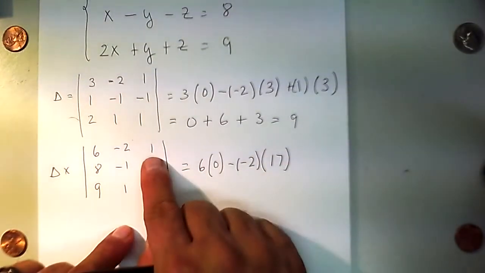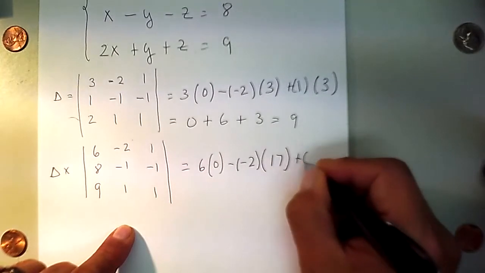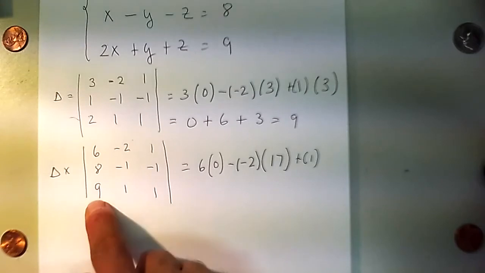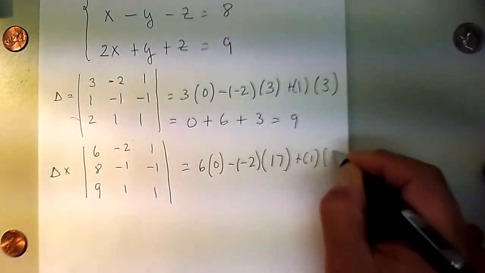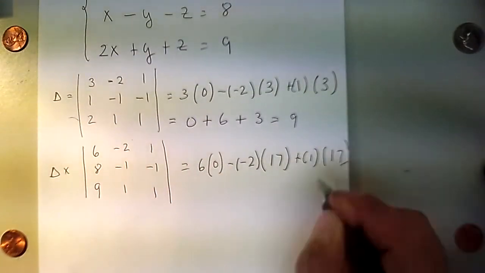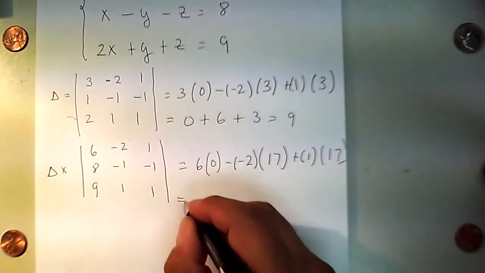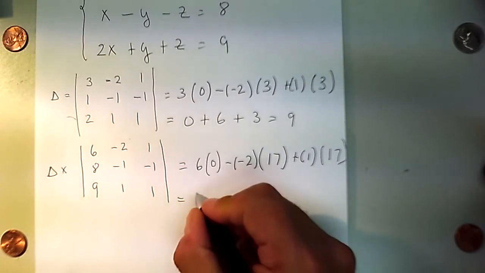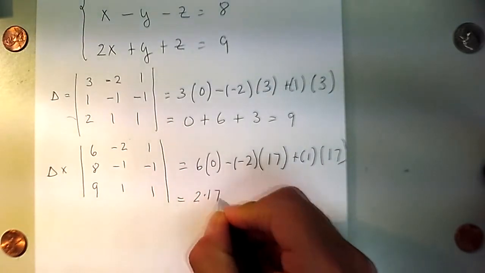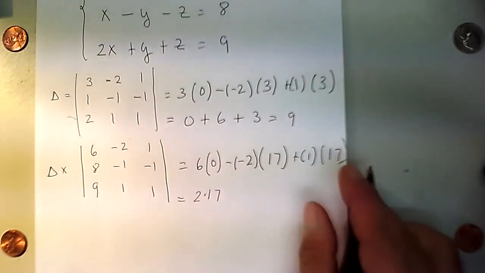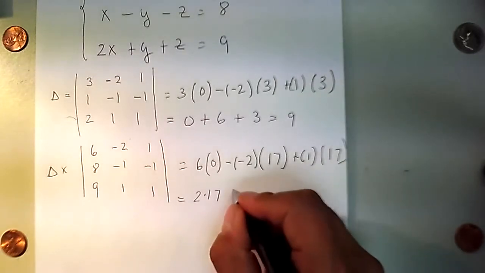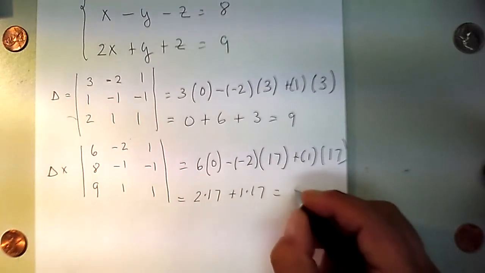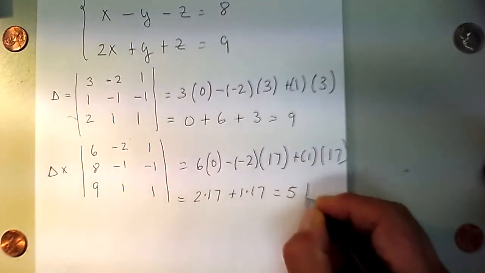Okay, and then 1 plus 1 times 8 plus 9. So that is 17 again. Oops. Okay, so we end up with 2 times 17, plus 1 times 17. That is 3 times 17, and I happen to know that that is 51.